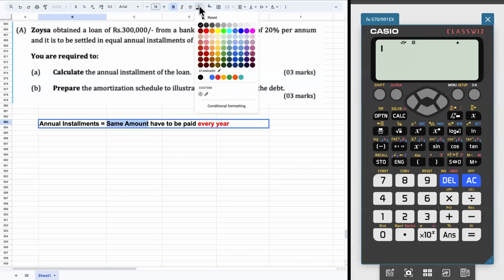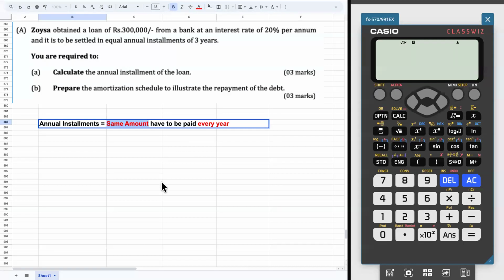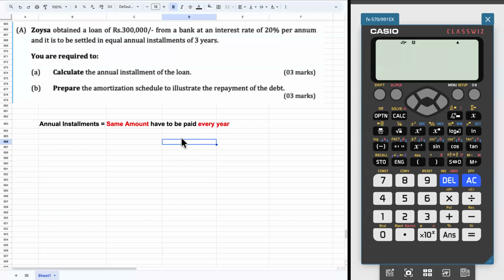Will you be able to connect this with the topic we studied? If we are going to receive the same amount every year, or if we are going to pay the same amount every year, there is a special word we can call it. If it is for a specific period, let's say for a 3 years period, we are going to pay you 100,000, the same amount for a 3 years period, is there a special word for that?